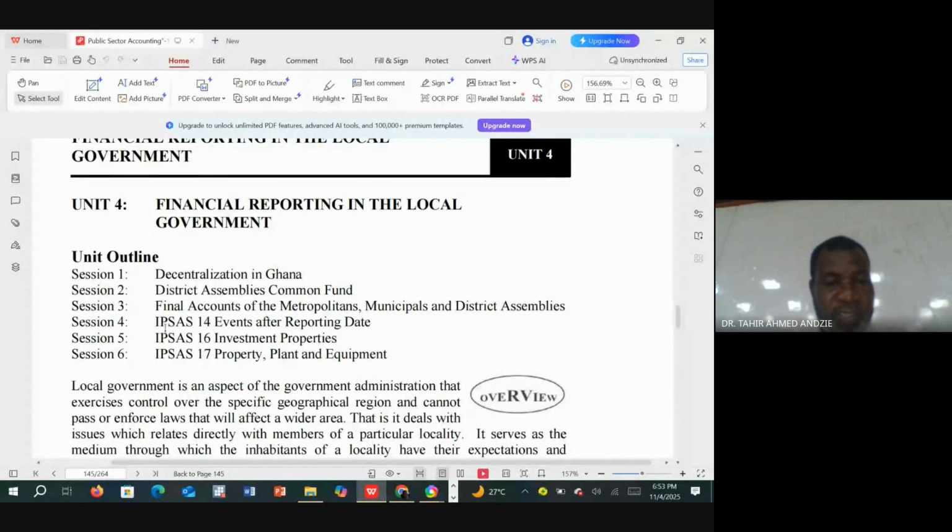And then these standards, which you have done in financial accounting: IAS 10, which is events after the balance sheet date, or events after the reporting date. Then we have IAS 40, which is investment property, and the same content is what we have in the IPSAS.